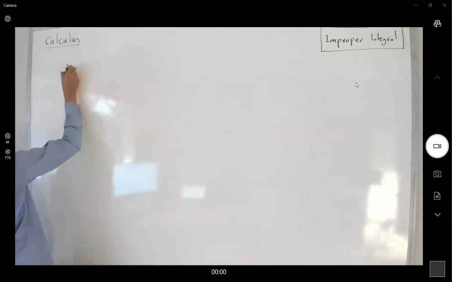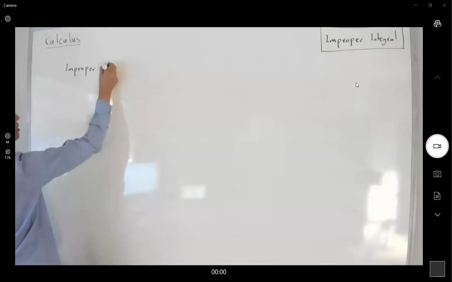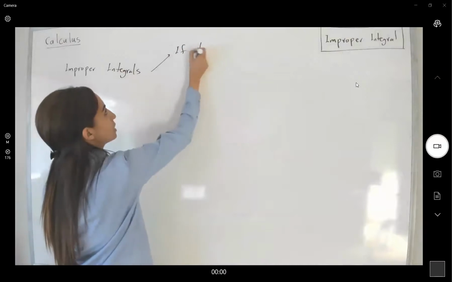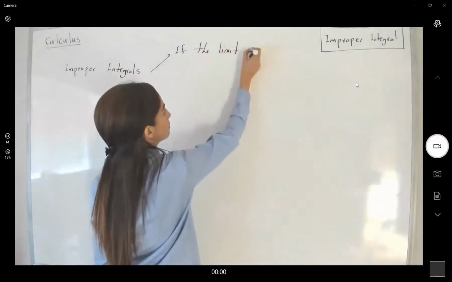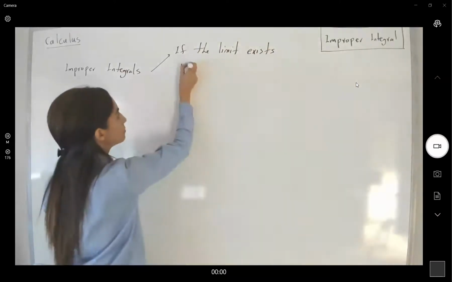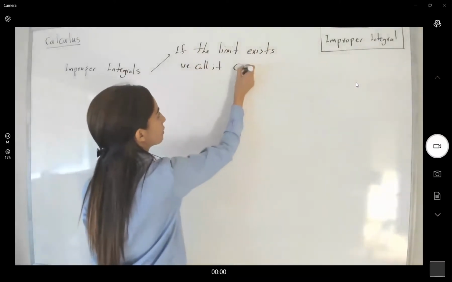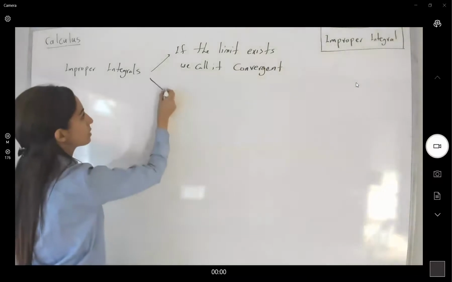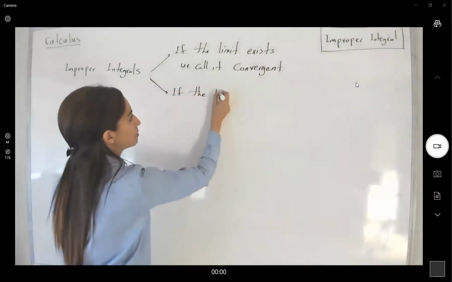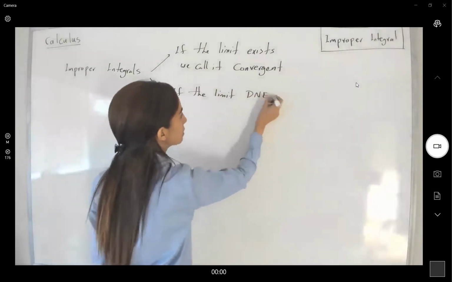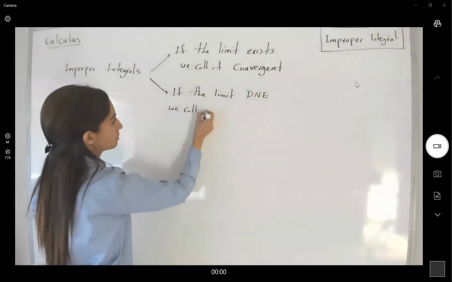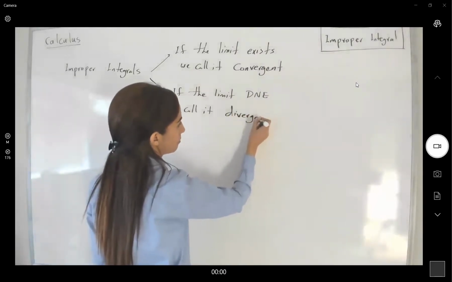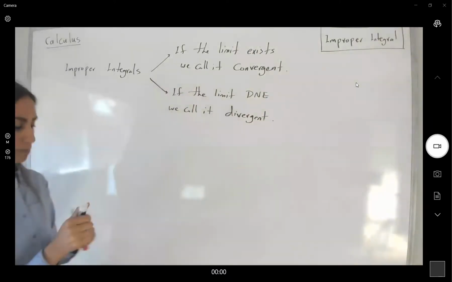So for improper integrals, if the limit exists, we call it a convergent integral. If the limit does not exist, we call it a divergent integral.